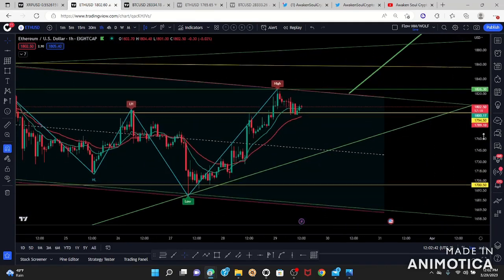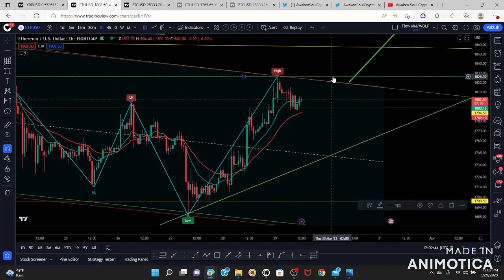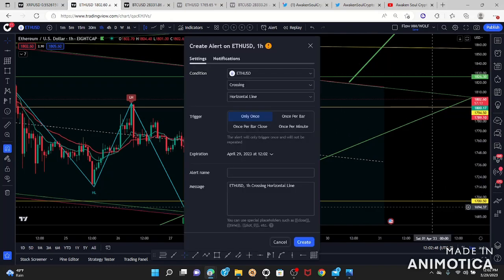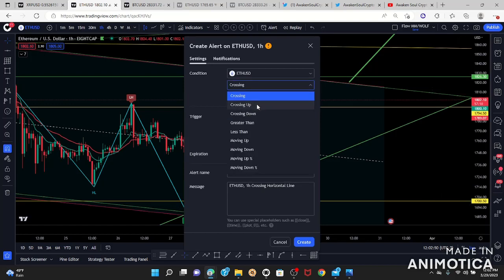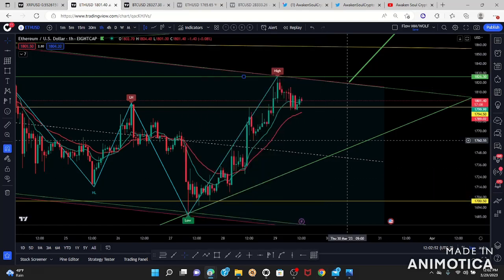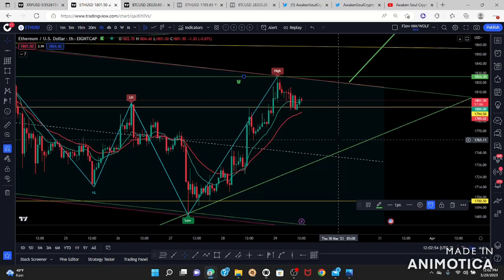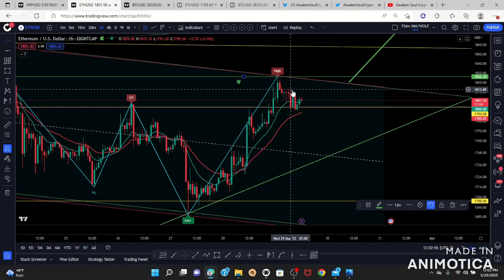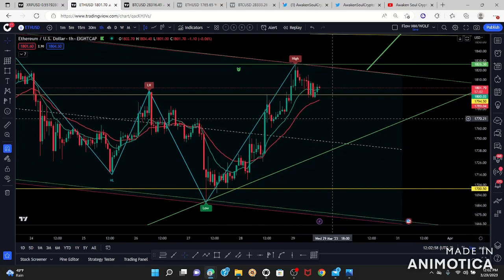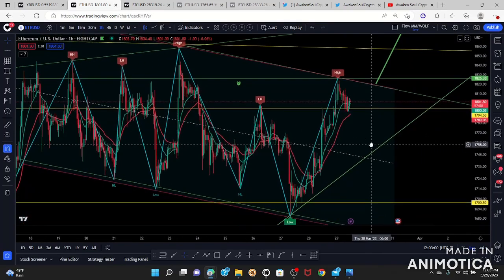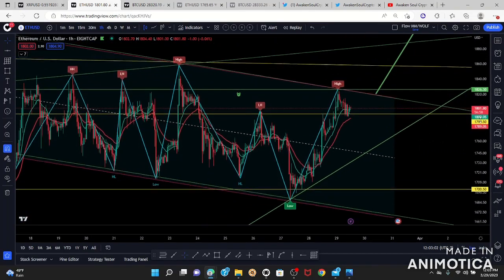So this is a great zone to place an alarm on your high to confirm the upside movement, crossing up. And when your alarm goes off, don't just take the trade, because sometimes it'll wick up and then come back down. So my setup for my next play.